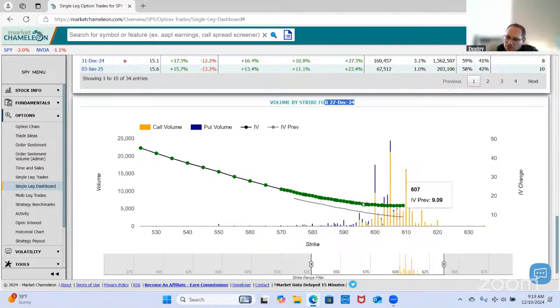So you can see that the skew, as you go lower in strikes, the implied volatility is still skewed higher. Implied volatility keeps moving higher and higher as you go down in strikes, implying that if we go down, the volatility will accelerate.